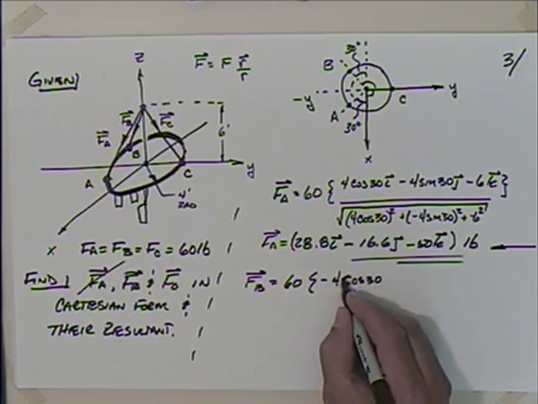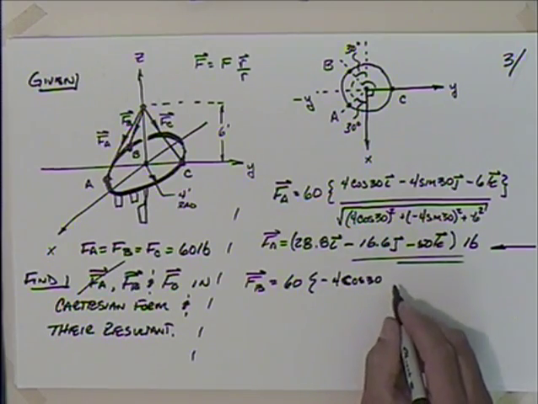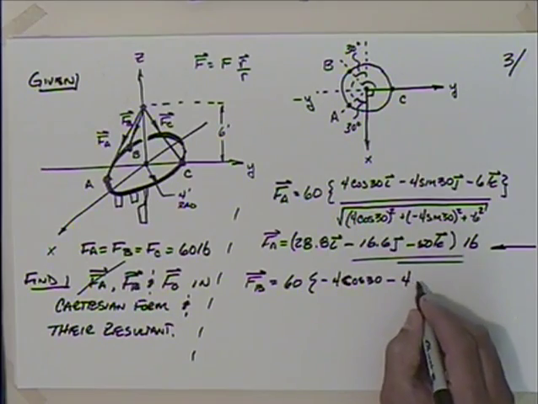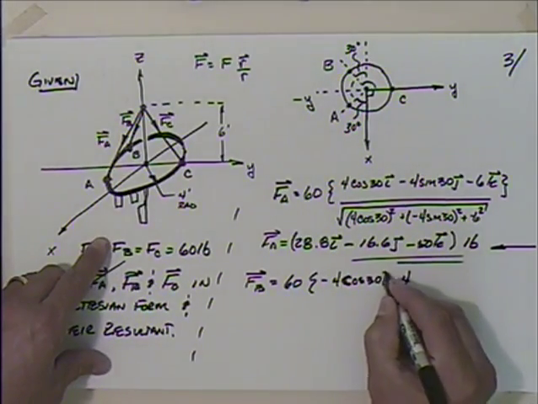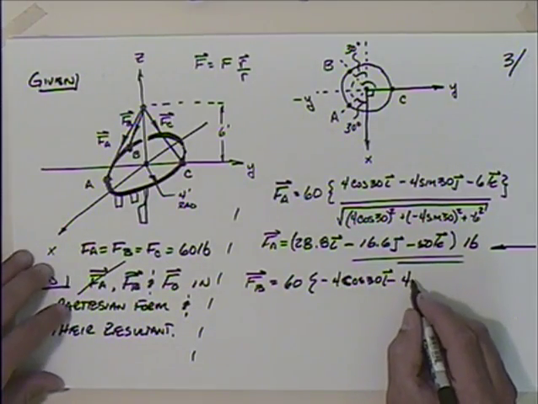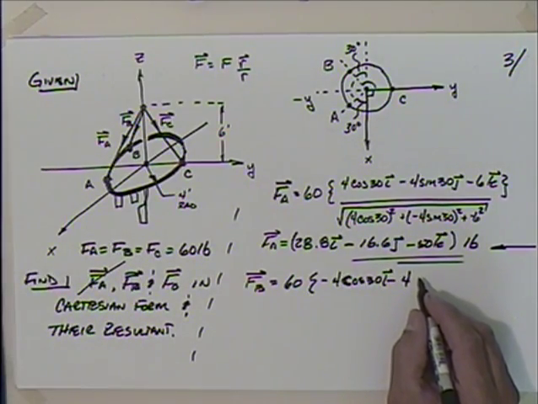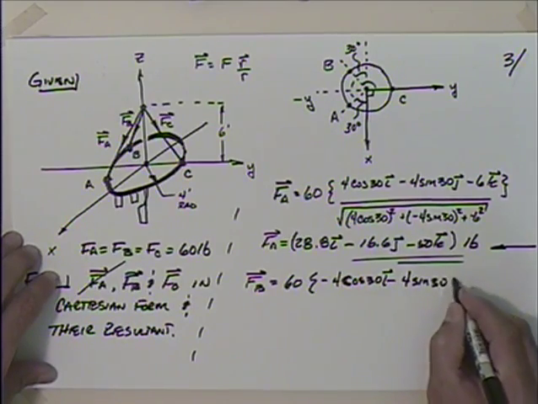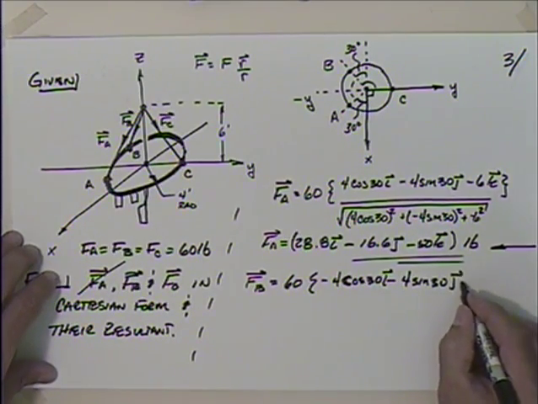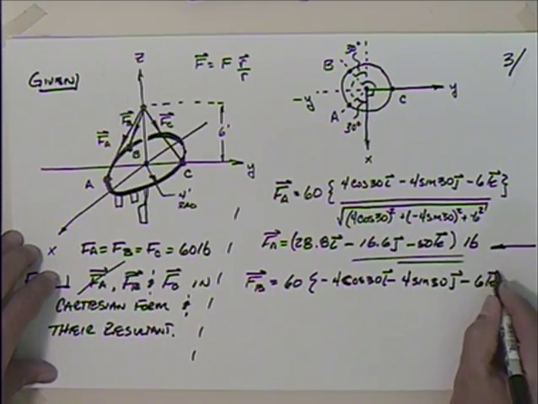Minus 4 times the cosine of 30, in the I direction, isn't it? And then minus 4 times, I want to say cosine of 60, but why don't I say sine of 30, in the J direction, and then minus 6 in the K direction.